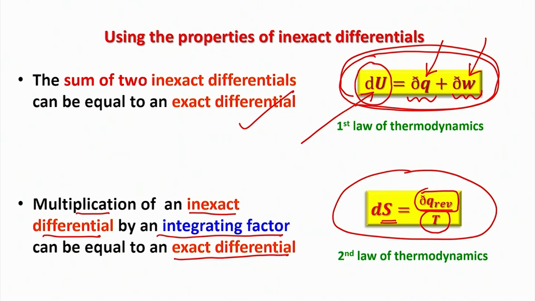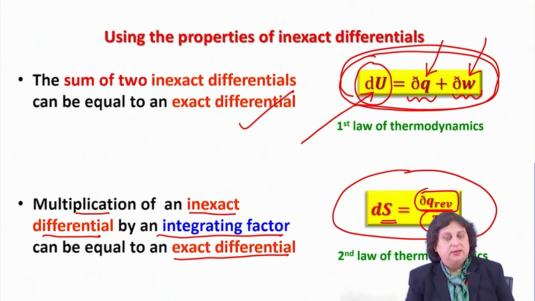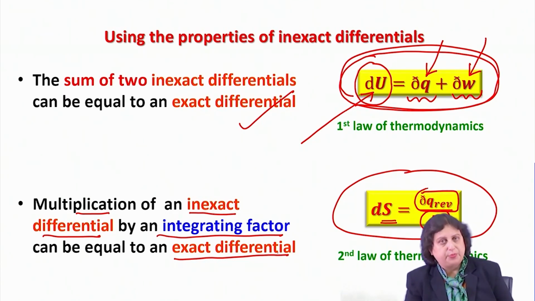Therefore, what we have learned in these lectures is as follows. Thermodynamics deals with energy functions or some other macroscopically measurable properties which characterize the equilibrium state of the system. These are called state functions.